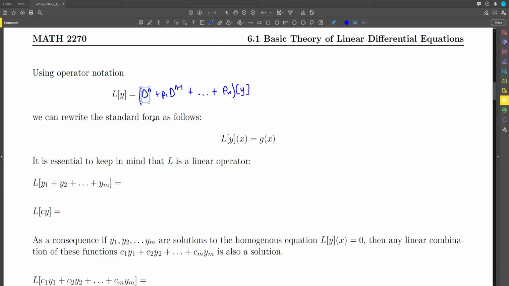And the standard form can then be rewritten as L acting on y equals g.